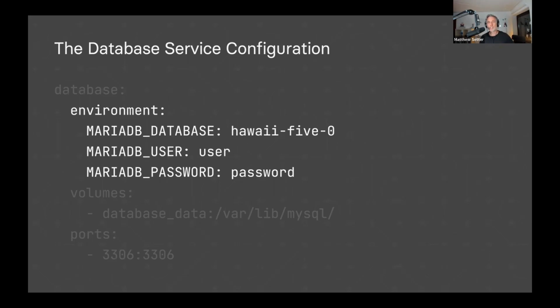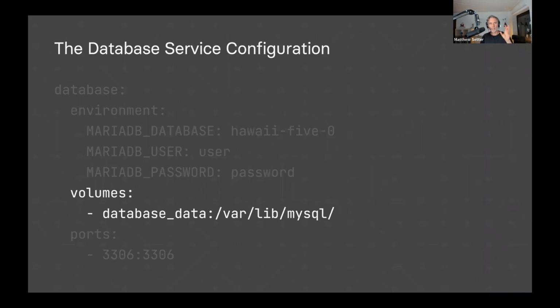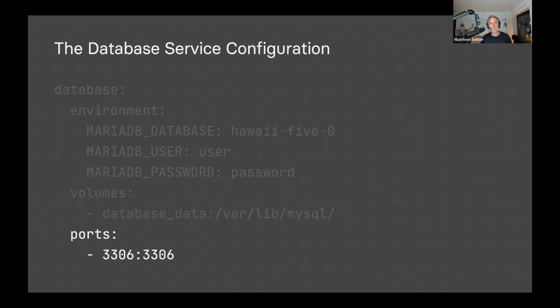If you're interested, you can find a list of the predefined variables for this image in the image's official documentation. Then, using the volumes directive, we're making any changes in /var/lib/mysql, where MySQL stores its data files, permanent, as they'll be written to the persistable file system volume that we set up earlier. And finally, it maps port 3306 in the container to the same port number on the host machine.